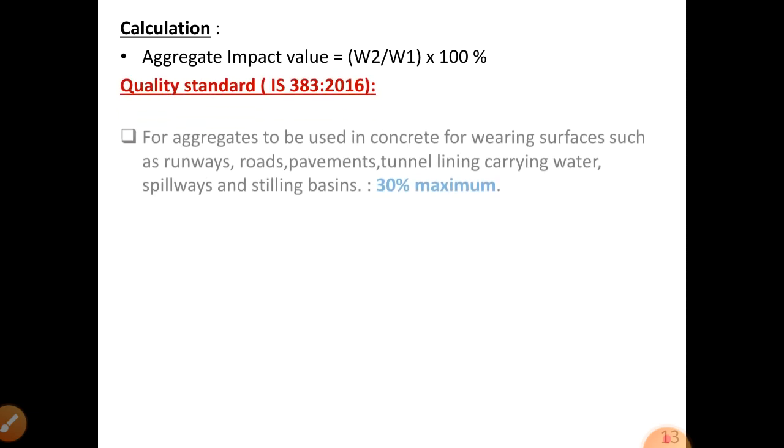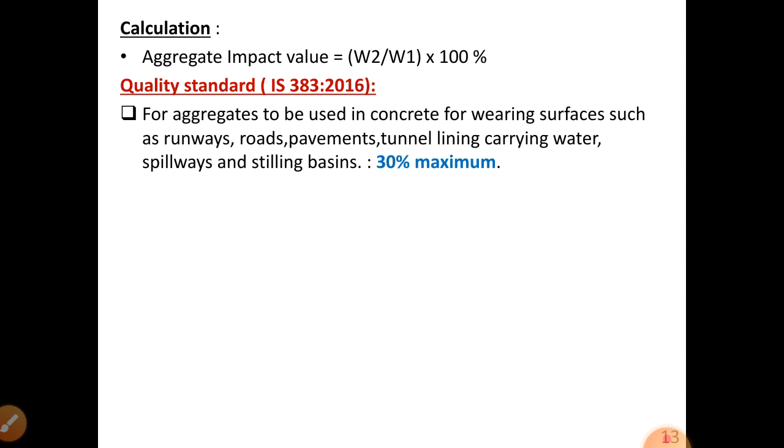Quality standard is given in Indian Standard 383 of 2016. According to this standard, for aggregates to be used in concrete for wearing surfaces such as runways, roads, pavements, tunnel lining, carrying water, spillways and stilling basins, the maximum is 30%.